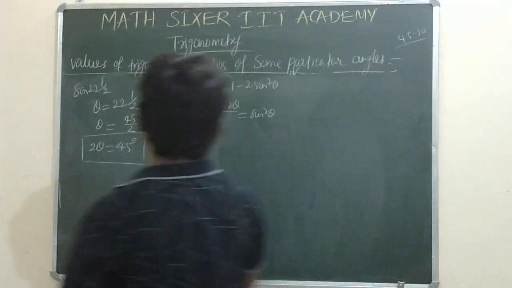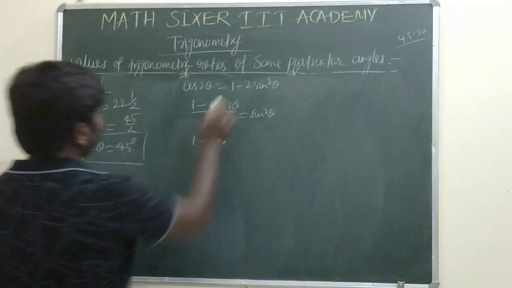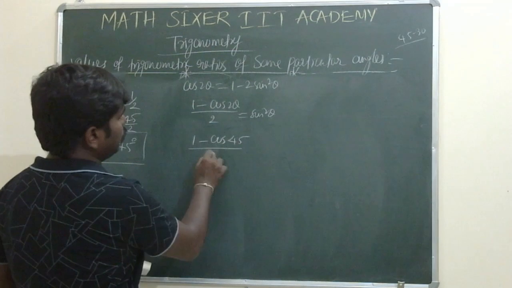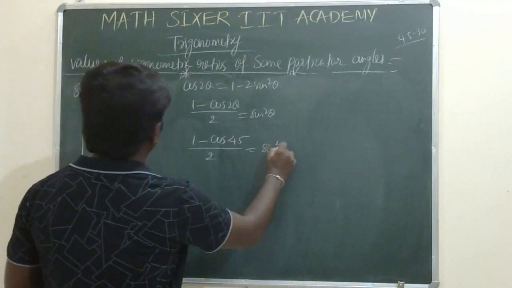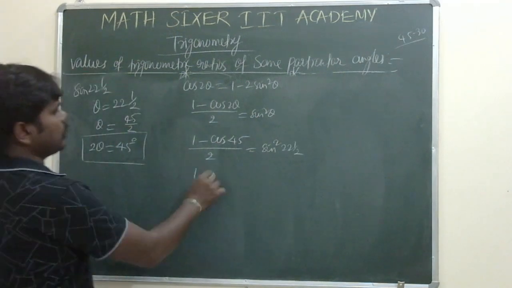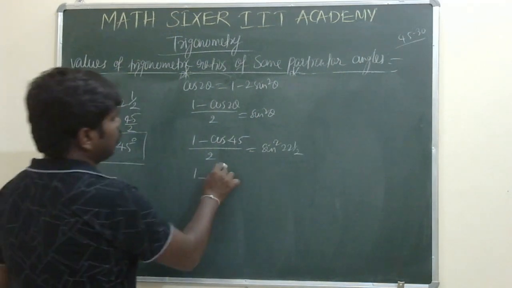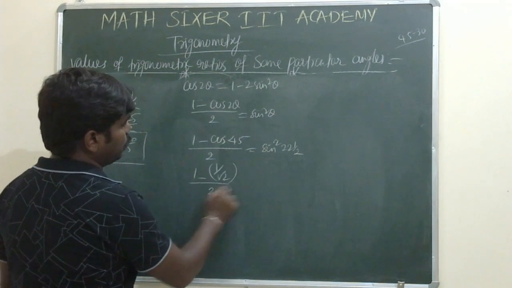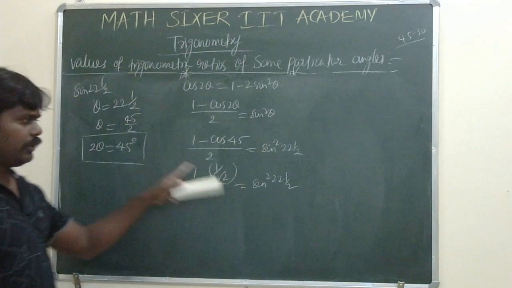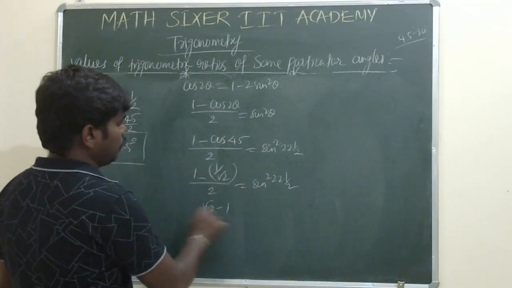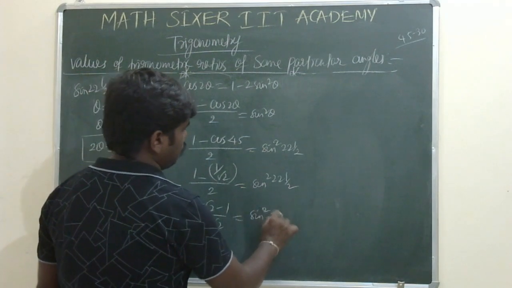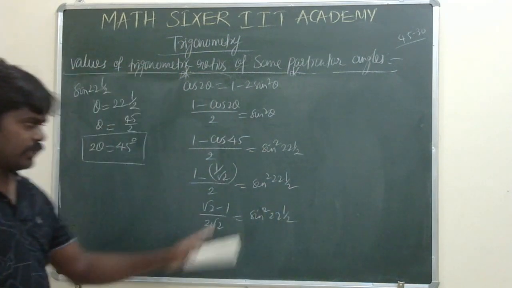So 1 minus cos 2 theta means here 45 by 2 is equals to sin square theta means here 22 by 2. Okay, so 1 minus cos 45 means here what? 1 minus 1 by root 2 by 2 is equals to sin square 22 by 2. So when you are taking the LCM, here root 2 minus 1 by 2 root 2 is sin square 22 by 2 value. So now take square root on both sides.